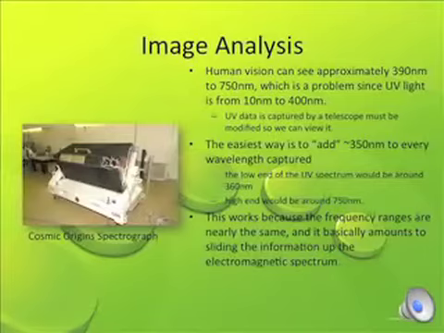So since we can't see this light, and the telescope gathered it and stored it, we have to translate it into a format we can see. One easy way to imagine this is to imagine adding 350 nanometers to every wavelength captured.